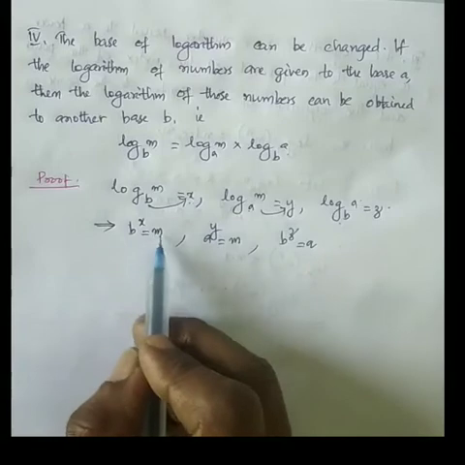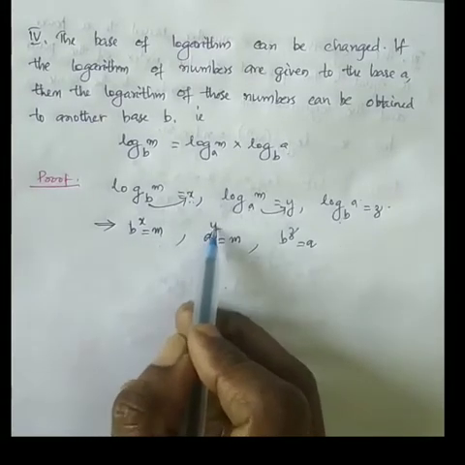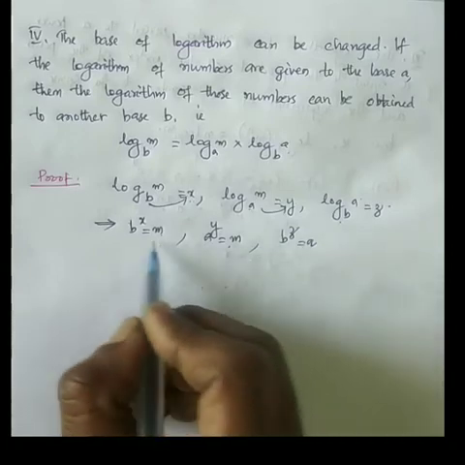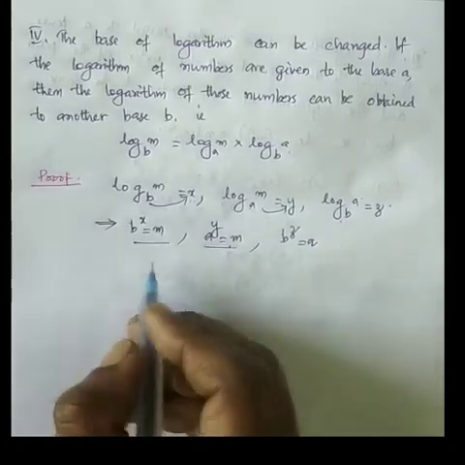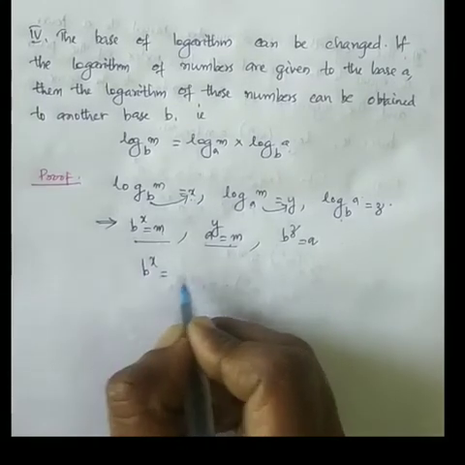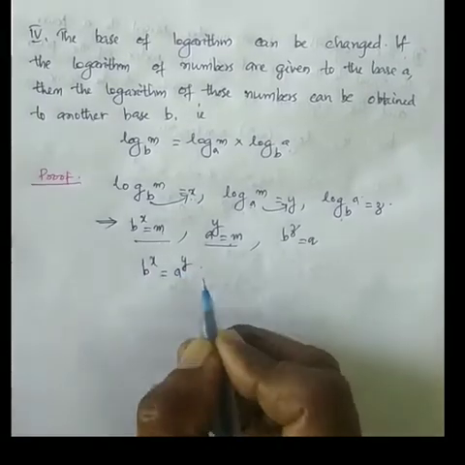It is b raised to x equal to m, a raised to y equal to m, b raised to z equal to a. From this, we can write that b raised to x equal to a raised to y. Okay.